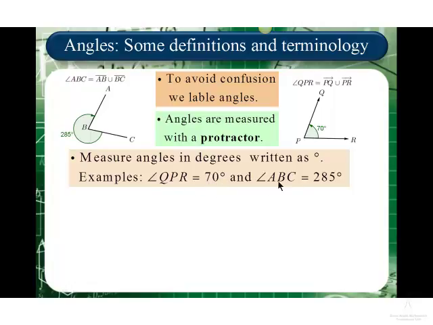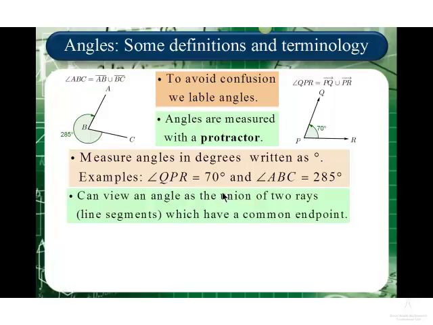Similarly, the angle ABC is 285 degrees. And here we have a labeling of this particular angle with respect to the line segments AB and BC, as indicated. Also, we can view an angle in general as the union of two rays or two line segments which have a common endpoint.